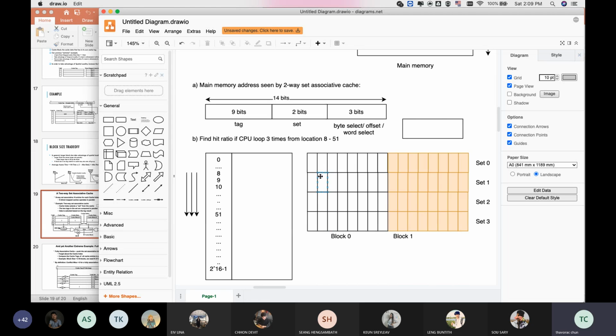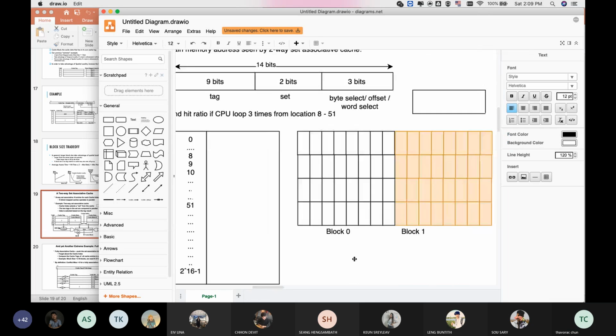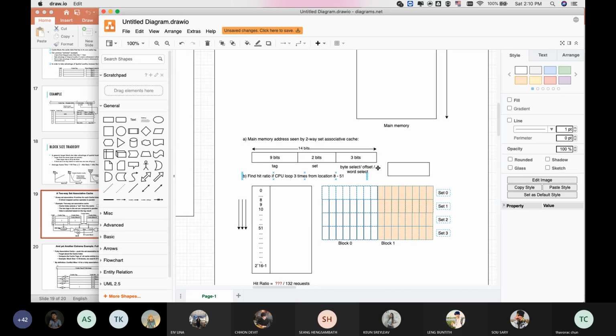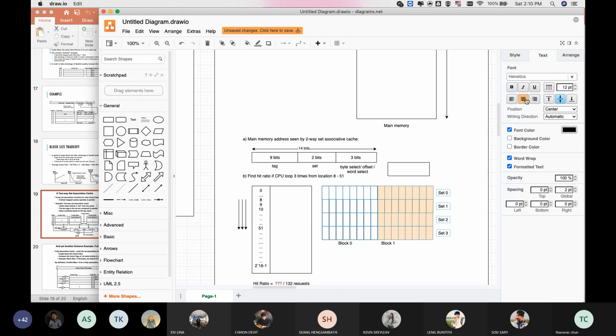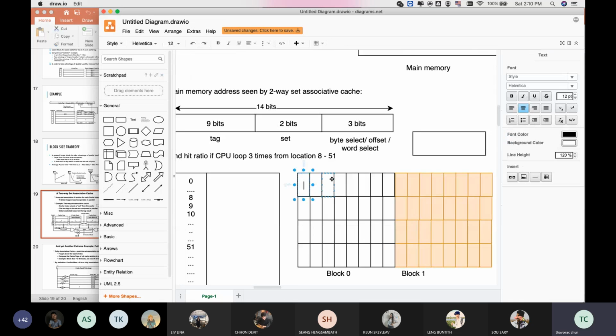So when we talk about offset, here should be offset 0. Okay, this one is offset 0, then 1, 2, 3, 4, 5, 6, 7.